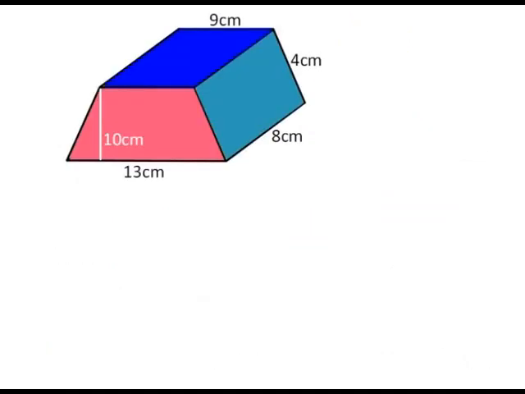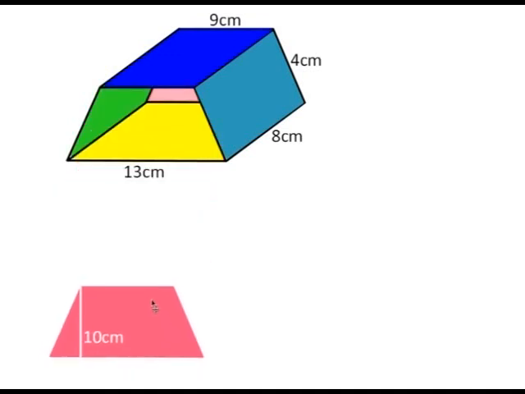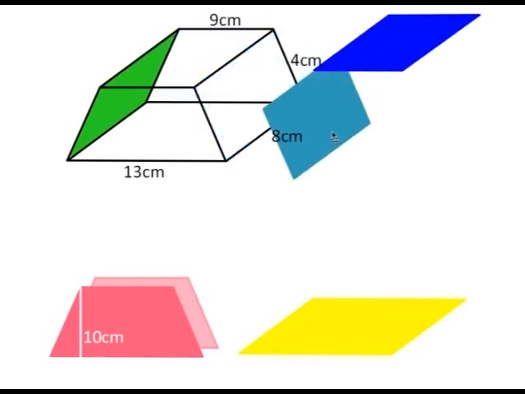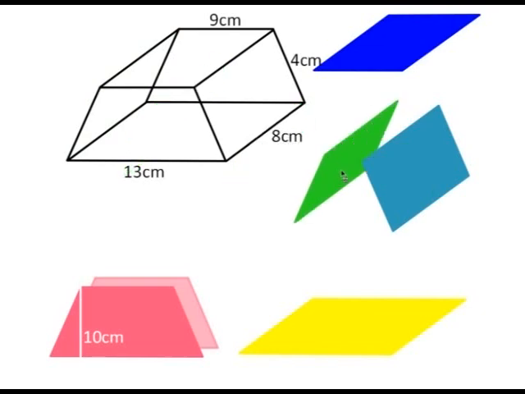And then we go to the trapezoidal prism and do the same. We separate the faces. Trapezia making the cross-section, 2 of them. 1 base rectangle, a top rectangle, and 2 equal rectangles.